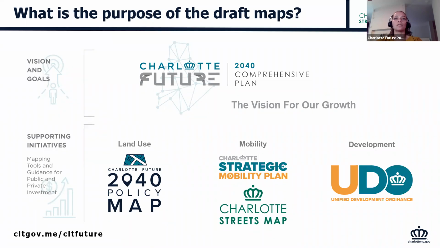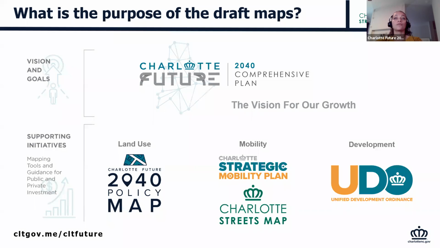That plan was adopted in June of 2021, and the policy map, the streets map, as well as the UDO, all ladder up to the Charlotte Future 2040 Comprehensive Plan. These are all the major initiatives to help implement that plan.